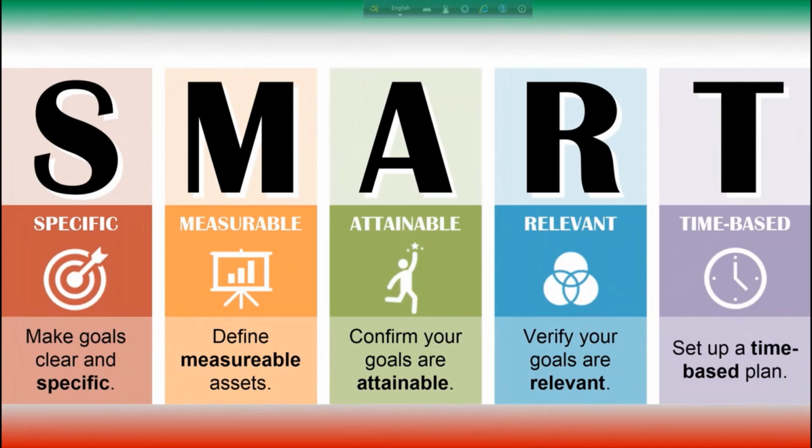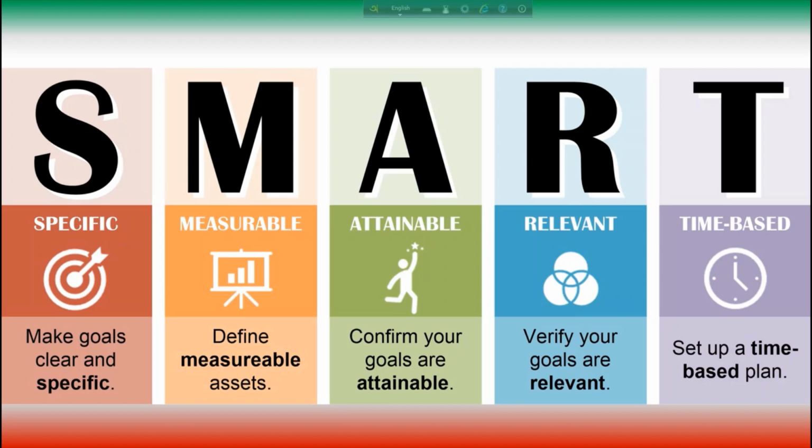And also here is a chart. S for specific, M for measurable, A for attainable, R for relevant or realistic, and T for time bound or time framed or time based.